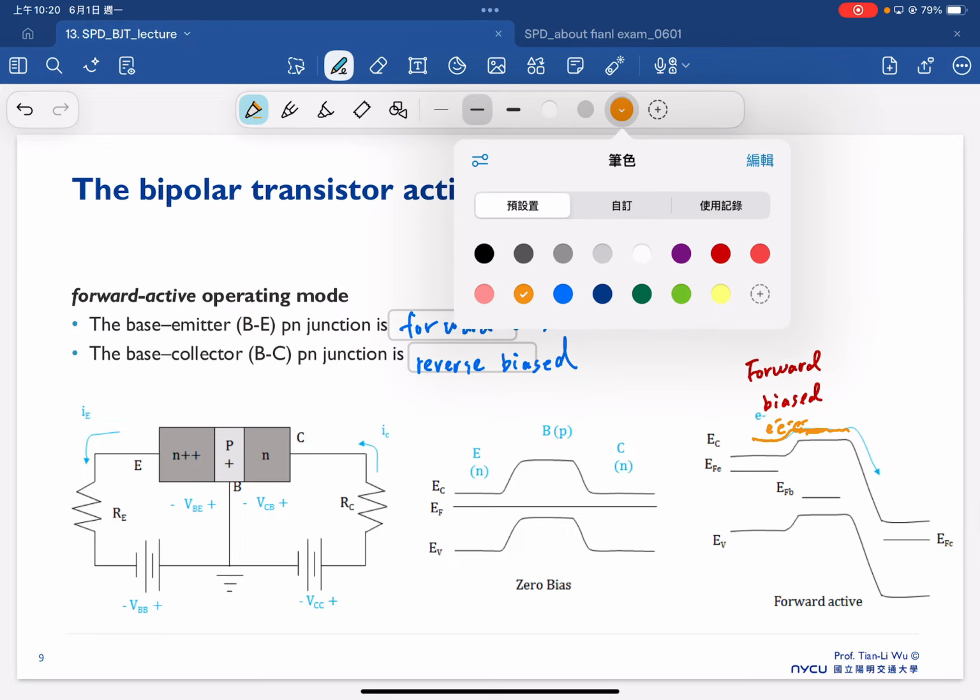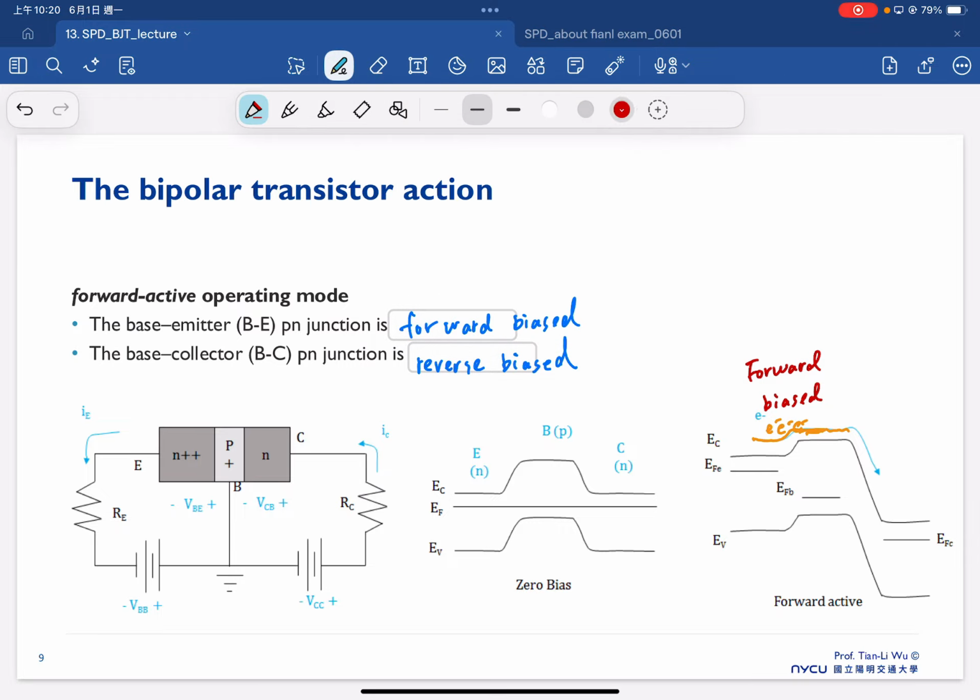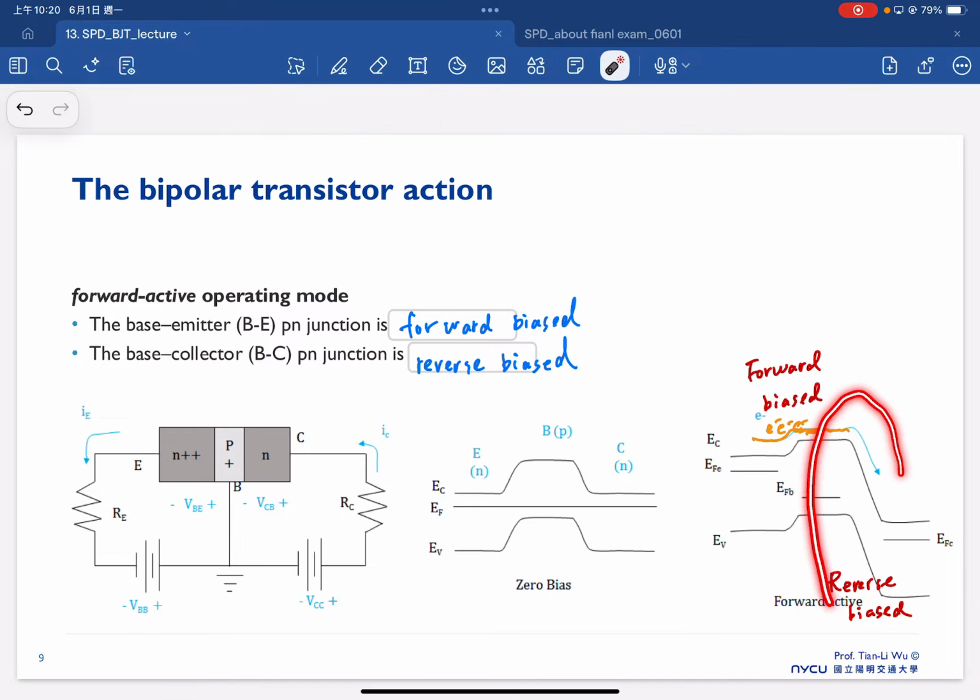And again, the junction between the base and collector is under reverse bias. So therefore, there will be a huge barrier height between these junctions, as shown here.